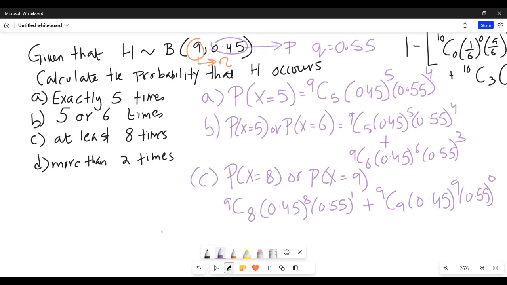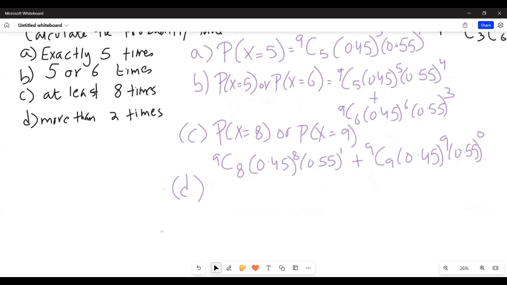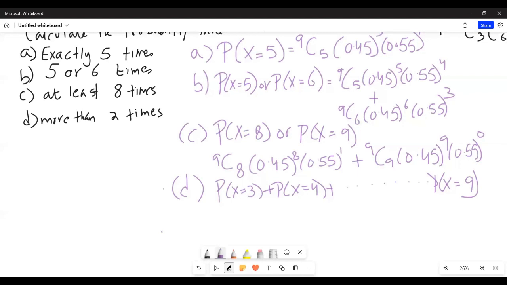Part D is more than 2 times. So that is probability X equals 3 plus probability X equals 4 plus all the way till probability X equals 9.